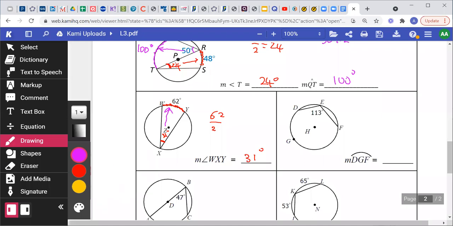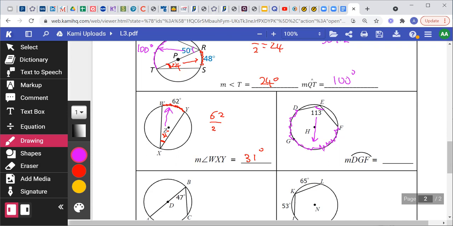The next problem, we're looking for DG. We know this is an inscribed angle because all the vertices are on the circle. The intersected arc is this one, because this angle is from D to F, DEF, and far away from this angle is this intersected arc.